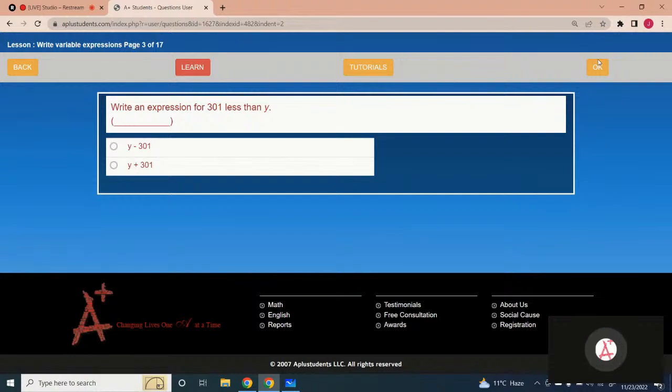So which option is the correct one? Less than, yes, it would be y subtract 301.